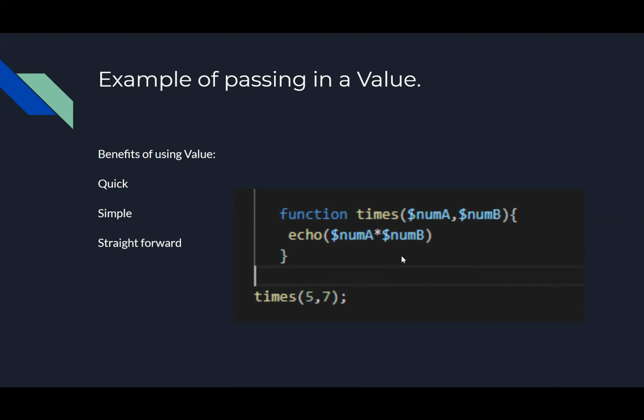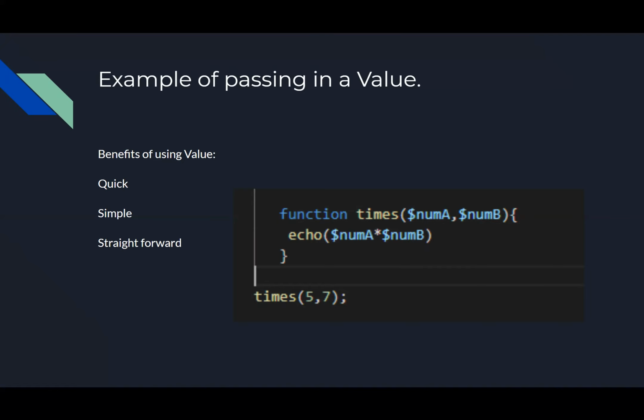One thing that makes passing by value effective or pleasing to some people is that it's quick, it's simple, it's straightforward. You put in a function, its name, and you put in the value that you want that function to do. And it makes it that simple.